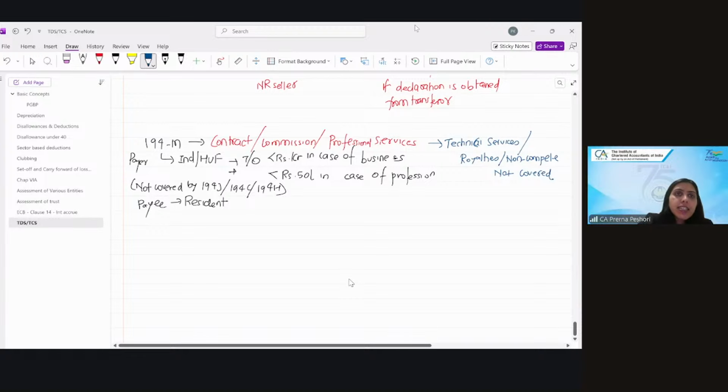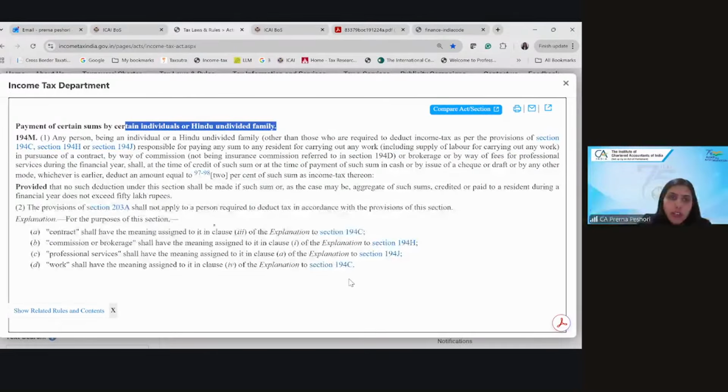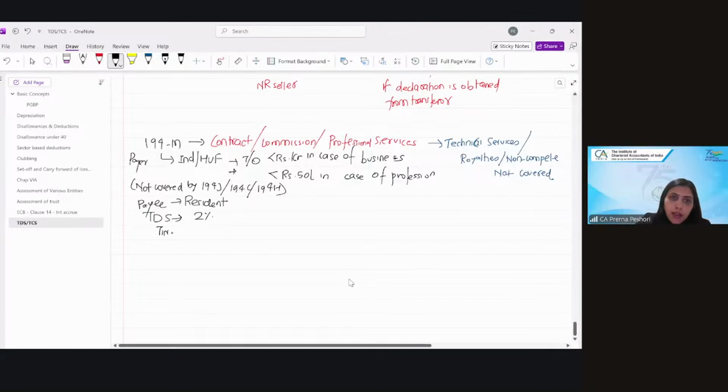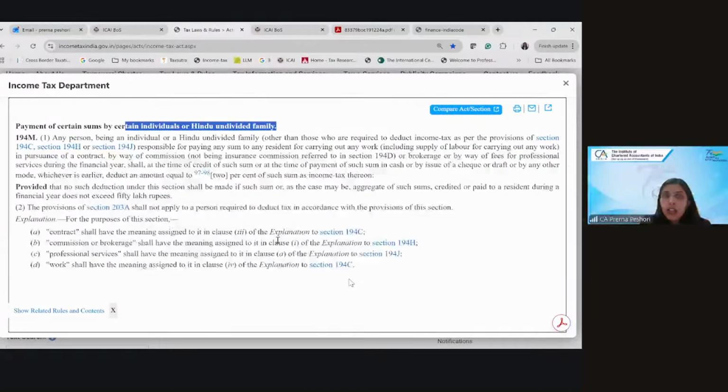Then in that case, the TDS shall be, what is the TDS? 2%. Timing: credit or payment, whichever is earlier. And what is the threshold? 50 lakh rupees.